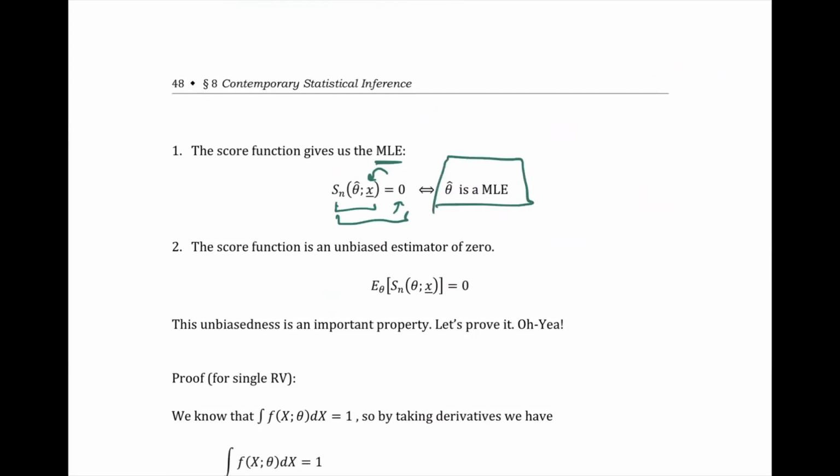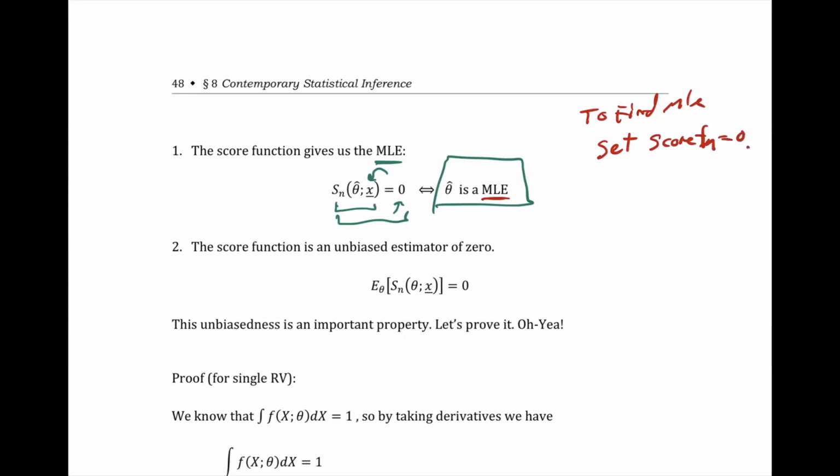That's by definition what the maximum likelihood estimator is. The way we find it is we set the score function equal to 0, right? So to find the maximum likelihood, set the score function equal to 0.